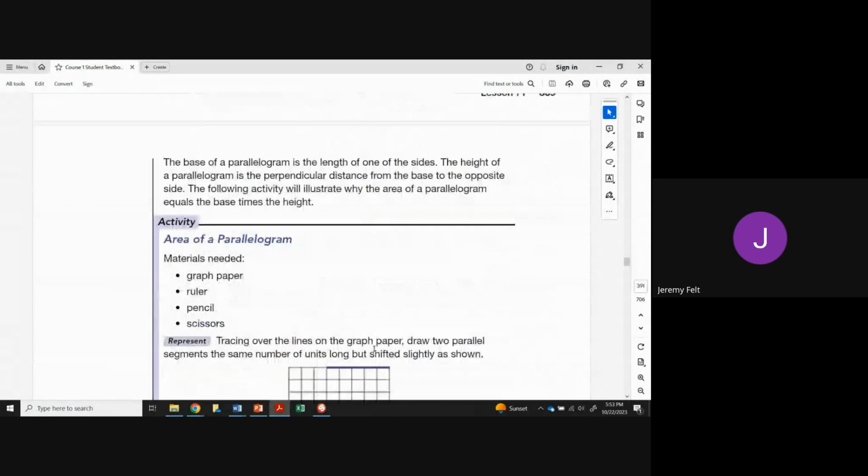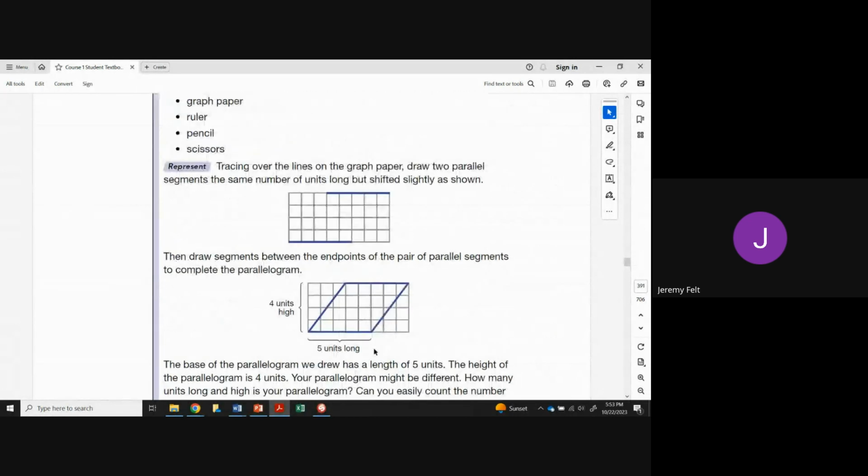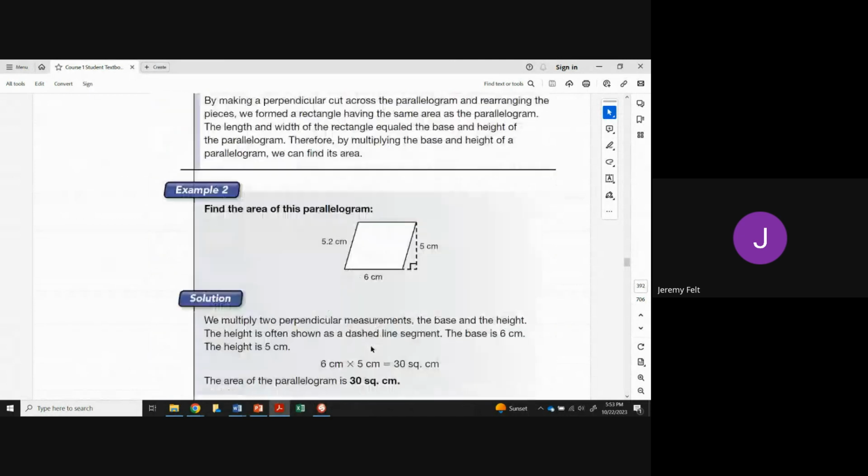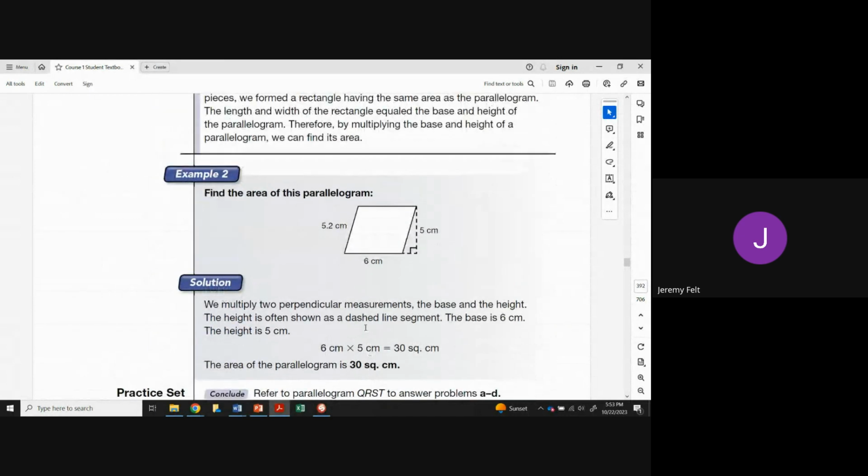And we worked with triangles, which is base times height divided by 2. That's because a triangle is half of a parallelogram. So if we have example 2, it's 6 times 5, not times 5.2, because this is going up at an angle that is not 90 degrees. This dashed line tells us that this is our height, which makes it nice. We don't have to go and find it.